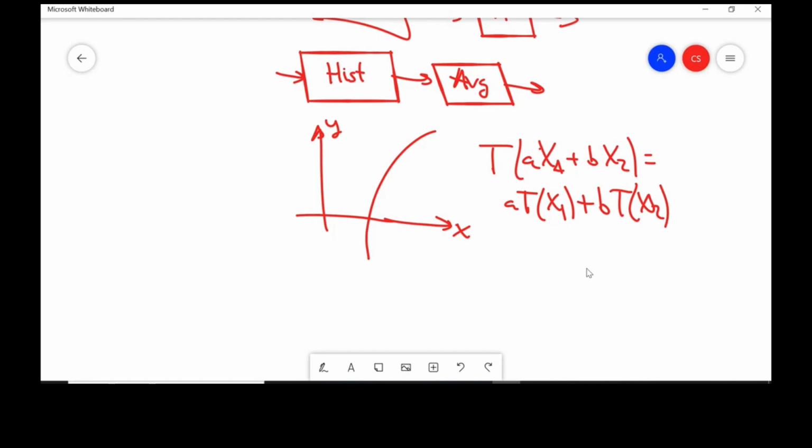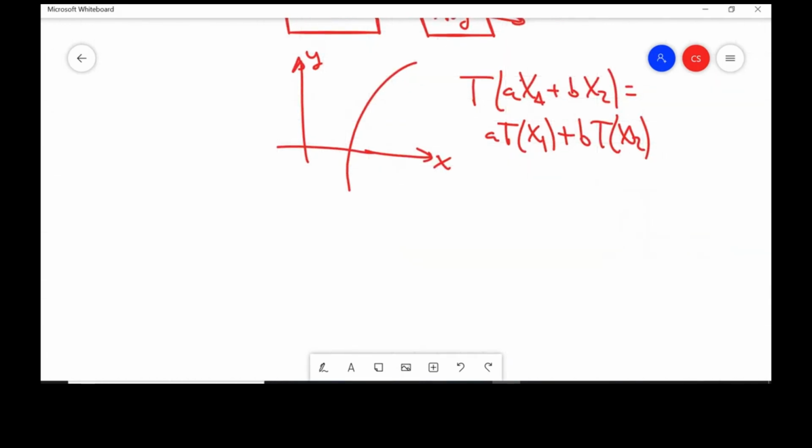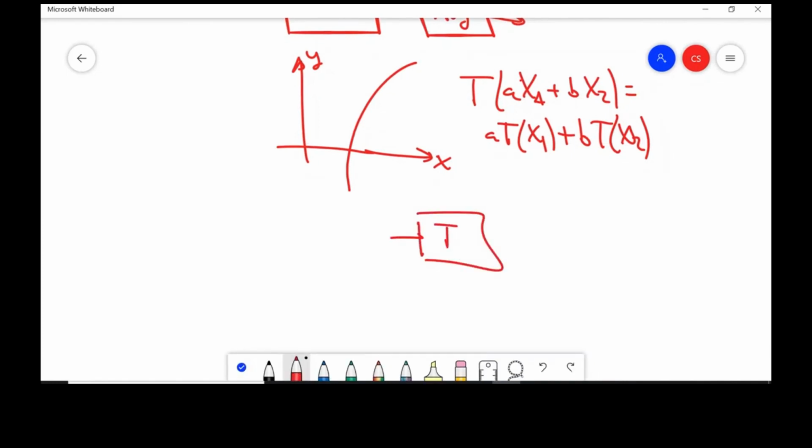Okay, so we were explaining the concept of the linear transformation. A linear transformation is one function T that fulfills this. Let's say that we have a system T that takes X and produces Y. The two properties that Jaime was referring to are: if X produces Y, then aX produces aY.